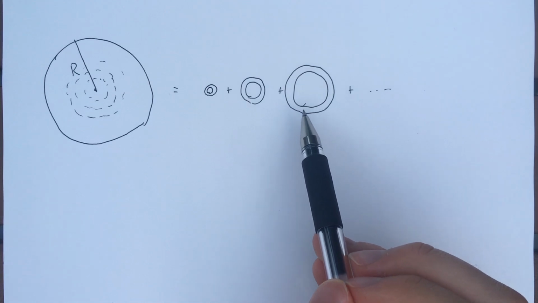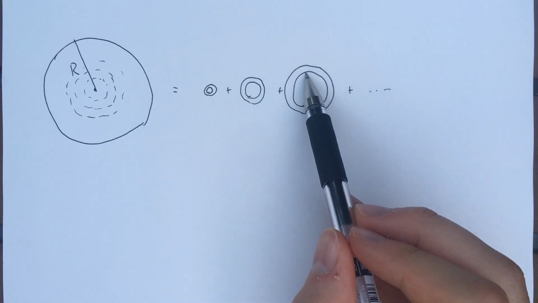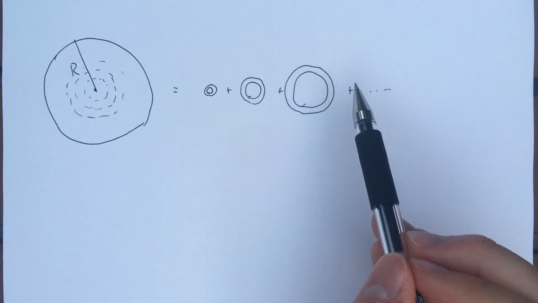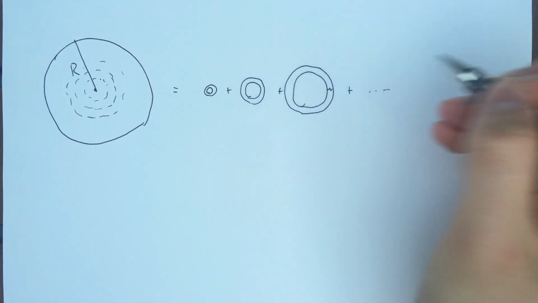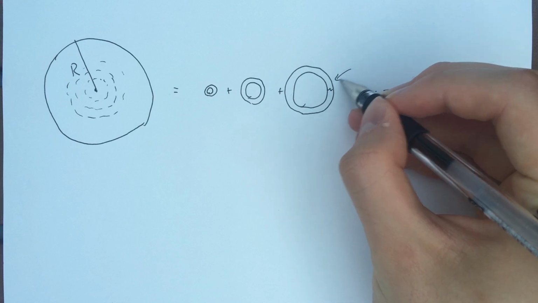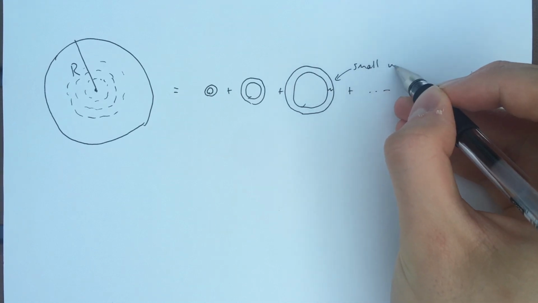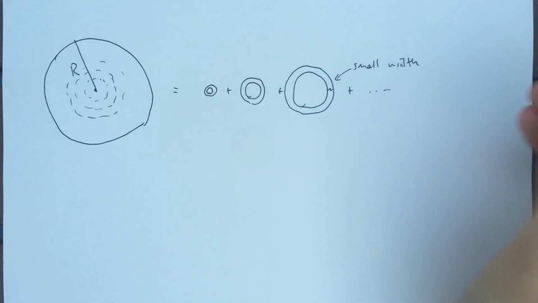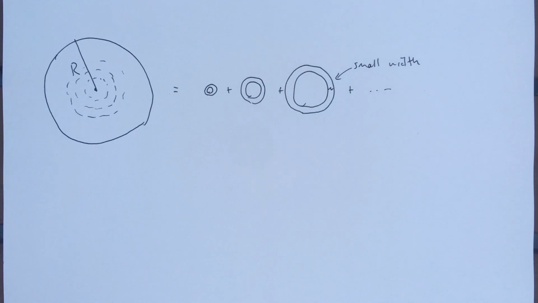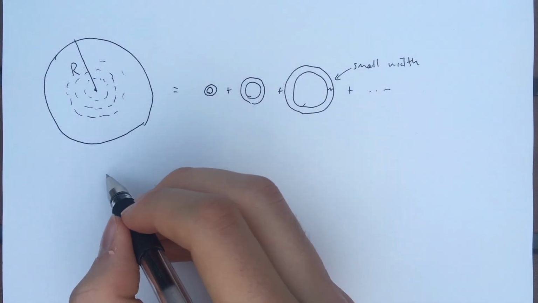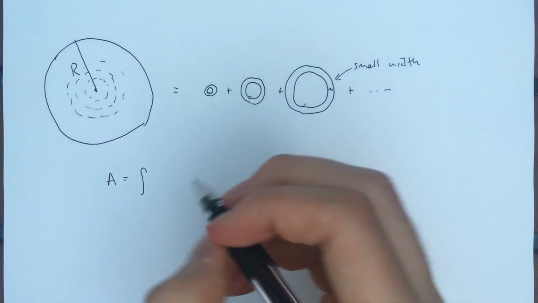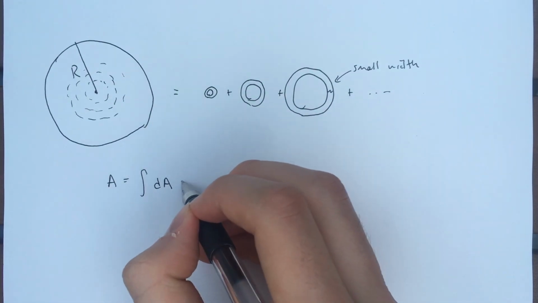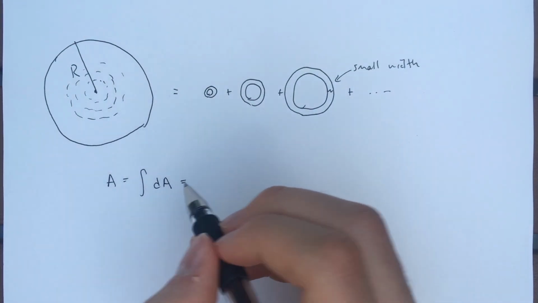So that must mean, well, since this length obviously can't be infinitesimally small, that must mean the width must be very small. So then what is this area? Well, the area is just the sum of all these small areas.